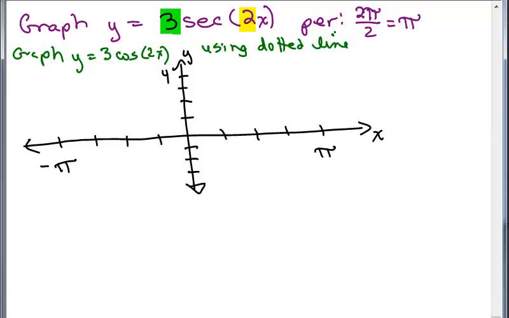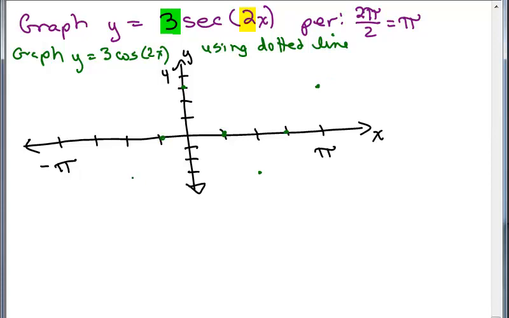So remember the cosine, if you just did y equals the cosine of x, you start off at 0, 1. But in this case, we have 3 times 1, so it's going to start up at 0, 3. So the first point will be up here, and then it goes down at this point. Next point ends up down over here, all the way down. That's our lowest point, back up, and it ends up here at pi, 3.